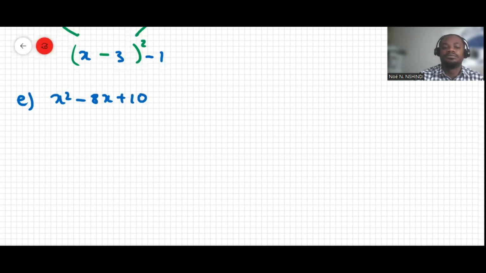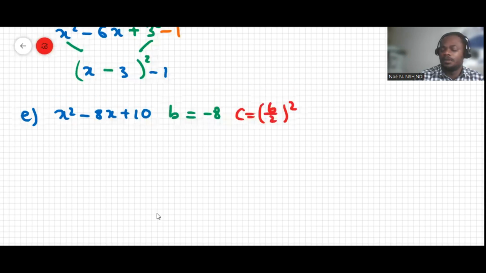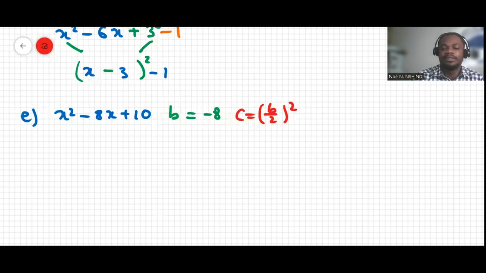Now, again, B is negative 8, and then C is (B over 2) to the power of 2. We can sub in the values. That makes (negative 8 over 2) to the power of 2, and that makes what?